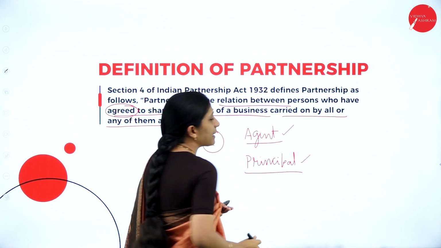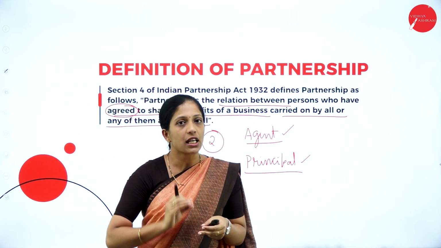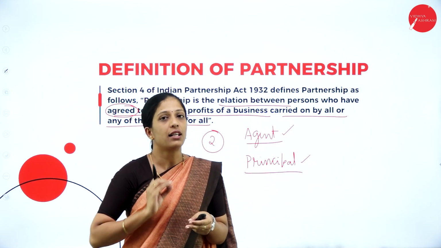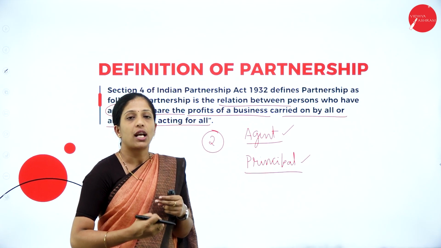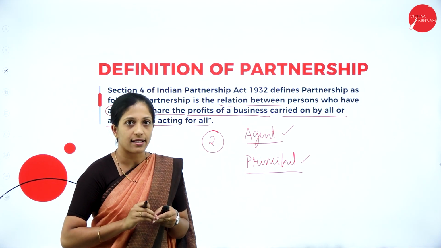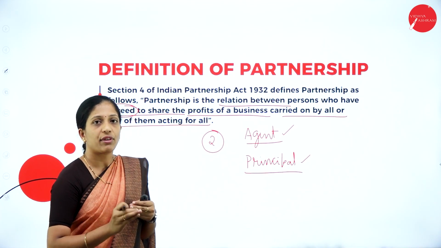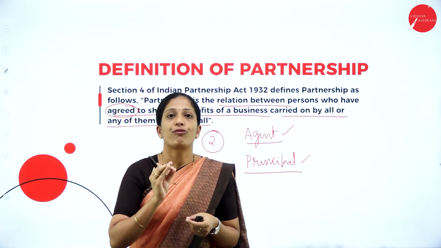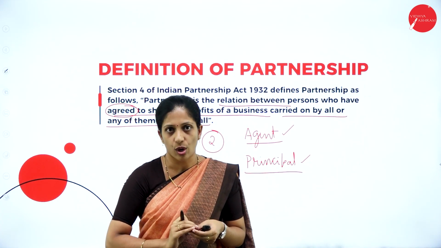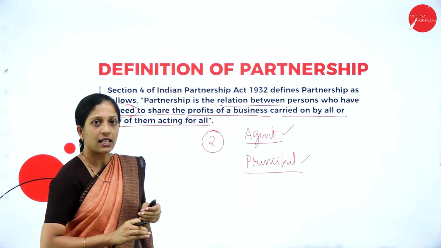When a partner acts as a principal, as I told you, each and every partner has an equal right to take decisions. So I, being a partner, can take a decision, and if others follow my decision, then I act as a principal. Each and every partner has a right to take decisions. At the same time, he should follow the decisions of others also.